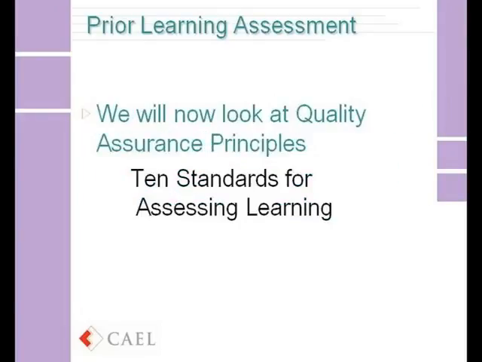Now we're going to look at the quality assurance principles, or the 10 standards for assessing learning. You have heard both last week and this week, both Jerry and Susan have made reference to the CALE standards. So now we're actually going to look at those 10 standards for quality assurance.